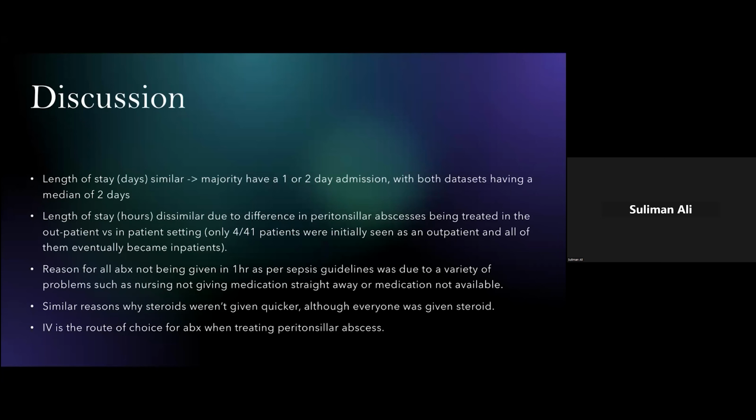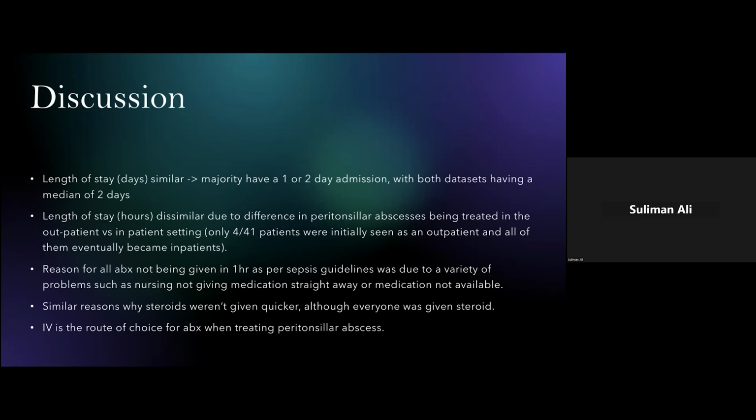However, the data sets were dissimilar in hours, with none of our patients being discharged within 4 hours, whilst nationally there are some patients that are discharged within 4 hours. The reason is that the majority of our patients were inpatients, and thus most would be admitted for more than 24 hours, which again can be an argument for why outpatient management should be done when treating quinsies.